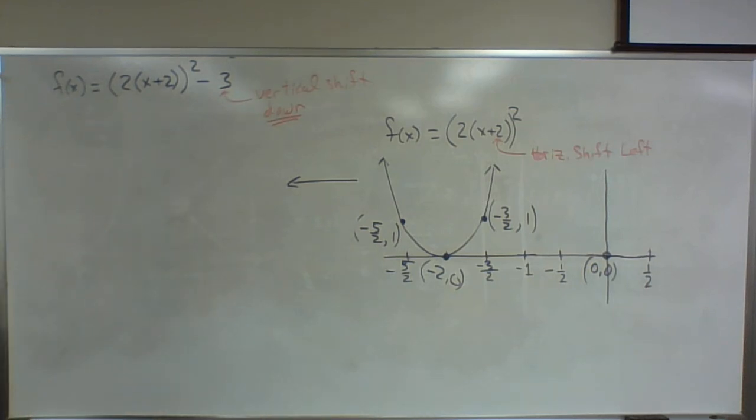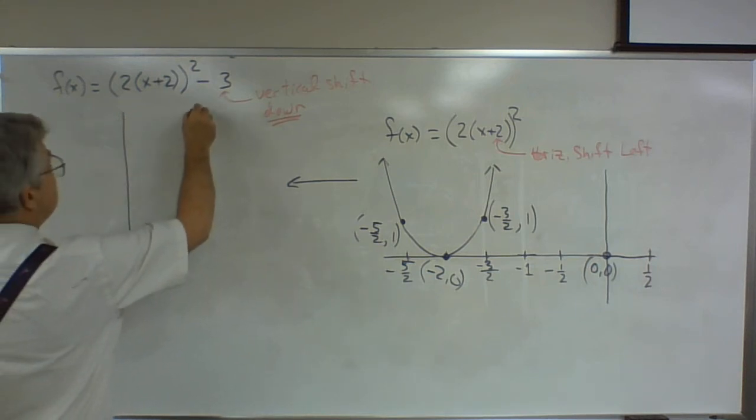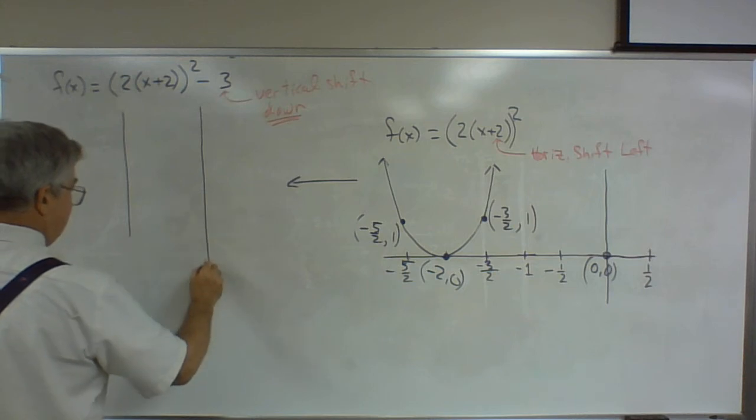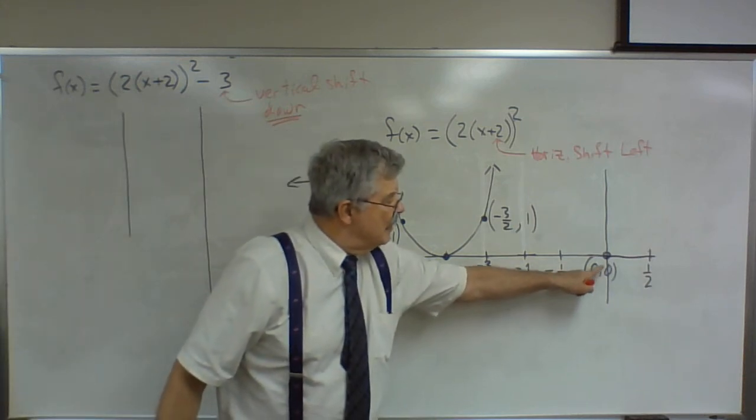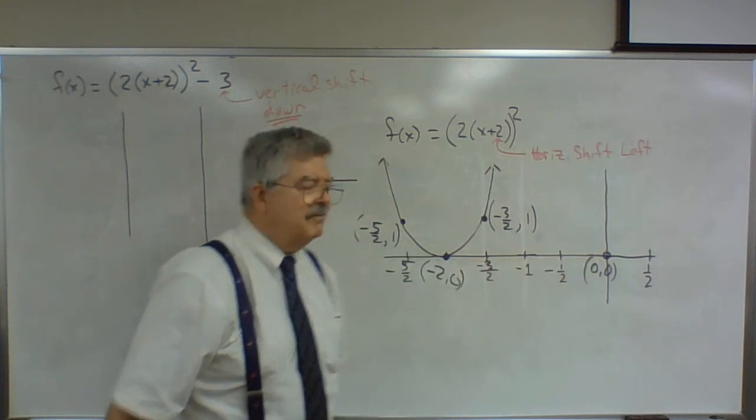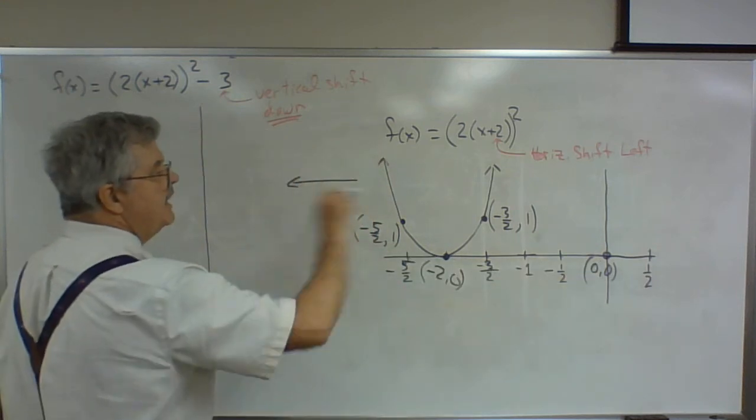So, my goodness, what's that going to do to our graph? Whoops, I should have known better. Draw my origin over here because that's where my origin is in this graph. The y-axis is way the heck over there.